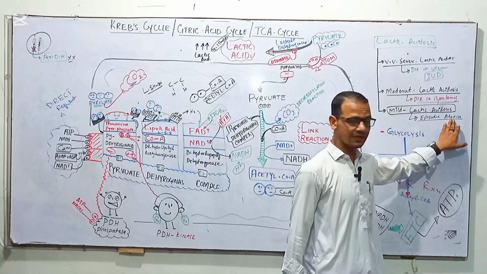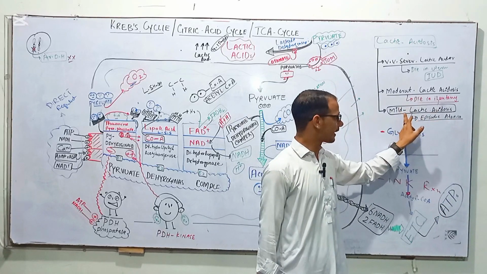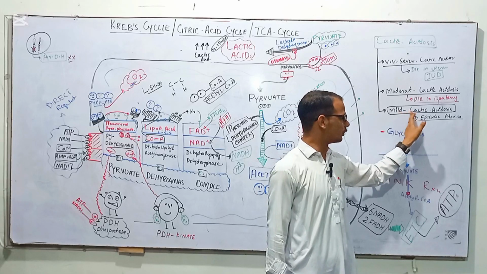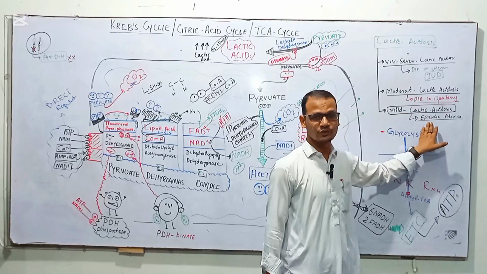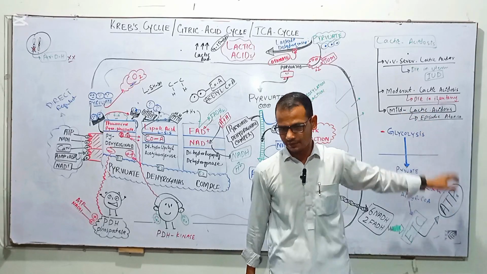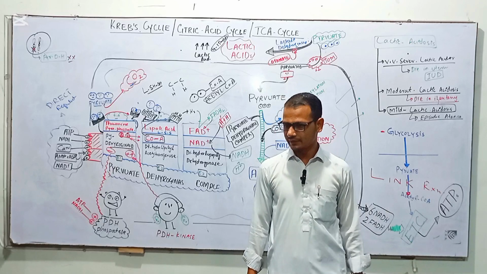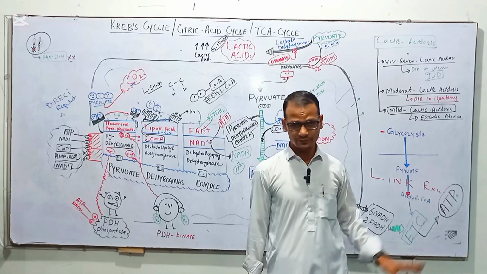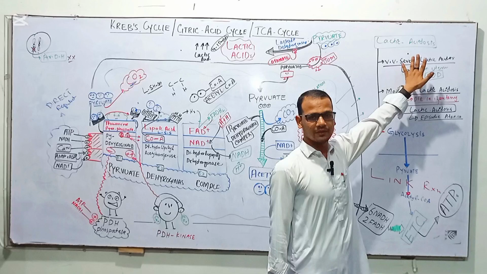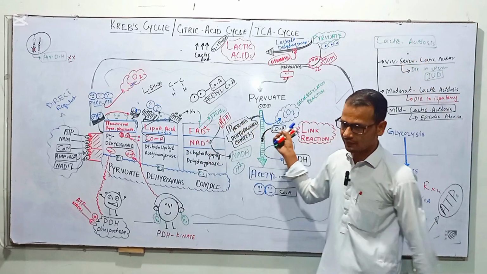And this condition is called ataxia, and it occurs due to lactic acidosis. It occurs in episodes, so it is called episodic ataxia, right? There is no control in movement, right? So these are the clinical points according to this link reaction.